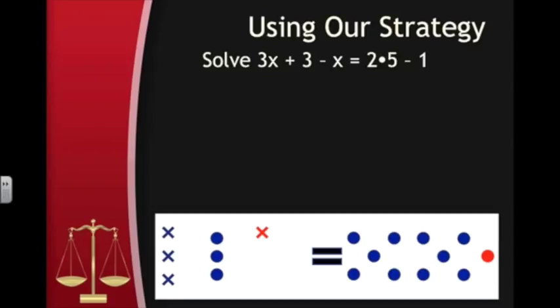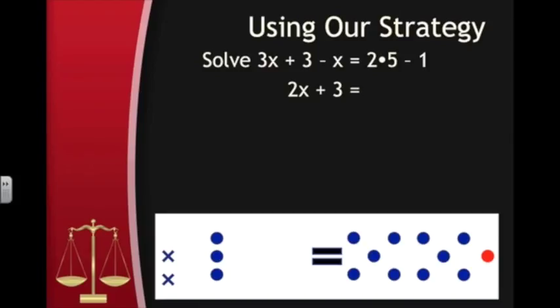First, let's simplify both sides of the equation. On the left side, we see that there are 2 terms that have x's, 3x and negative x. Since these terms are alike, we can combine them to get just 2x. This leaves us with 2x plus 3 on the left side of the equation.